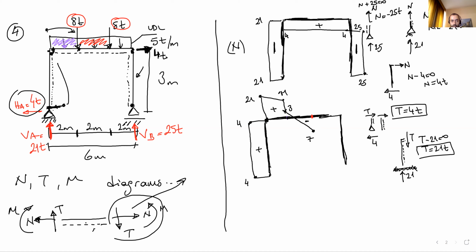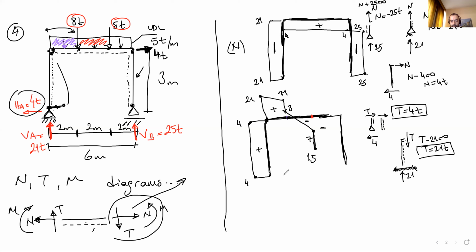Now we are here. We are at minus 7. There's a concentrated load here. Minus 7 minus 8, and go down 8. Here, it's going to be 15. Again, this portion is negative.